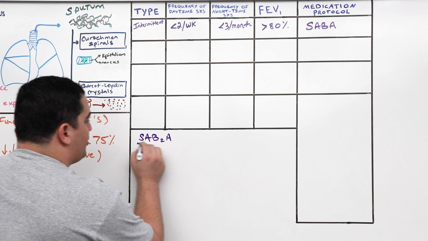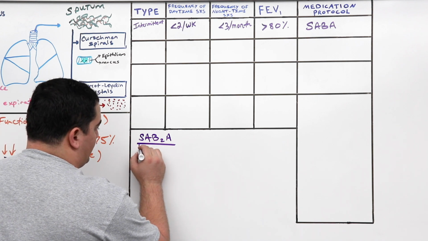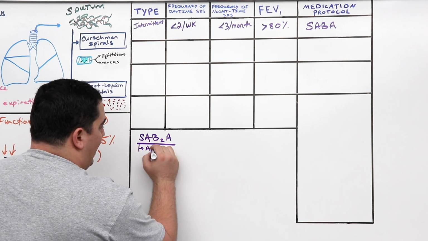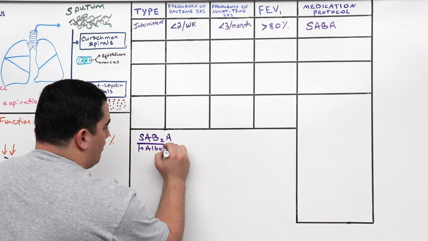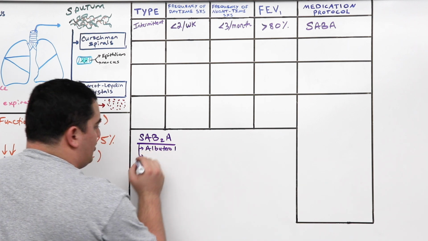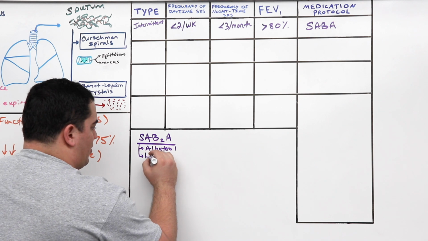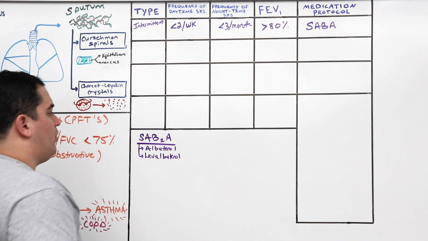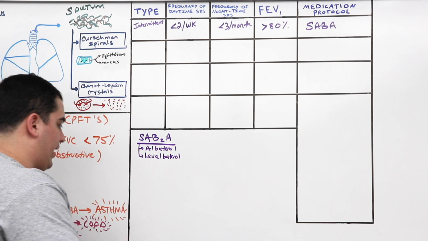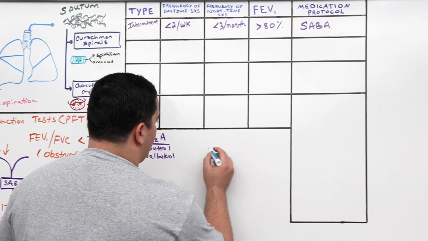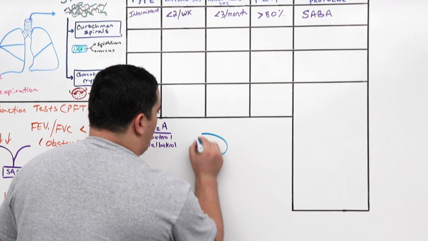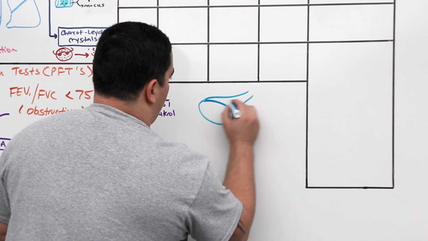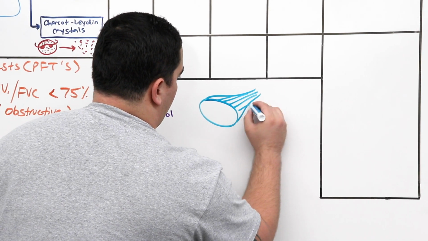There are a couple of different drugs you could give here. Classically it's albuterol, and sometimes you can give a lower dose, and this is called levalbuterol. If you want to know their mechanism of action, imagine here I have a cross section of a bronchiole.